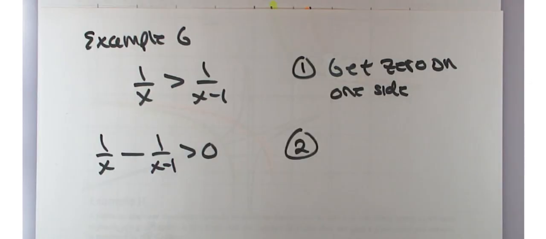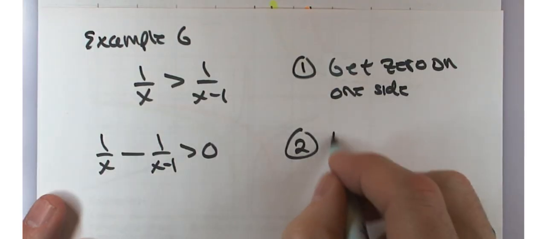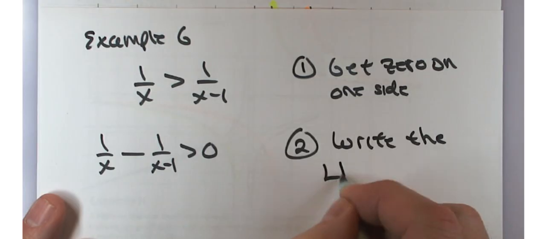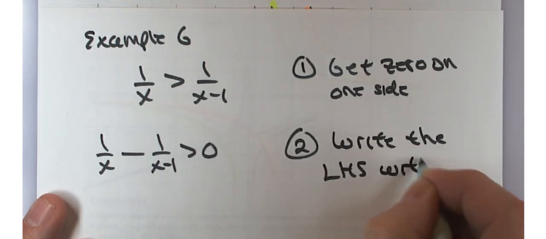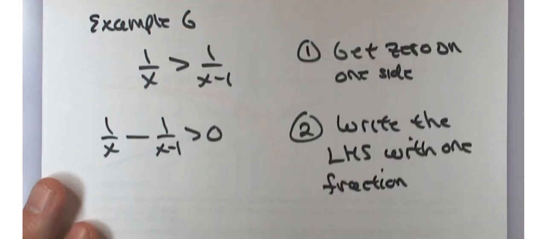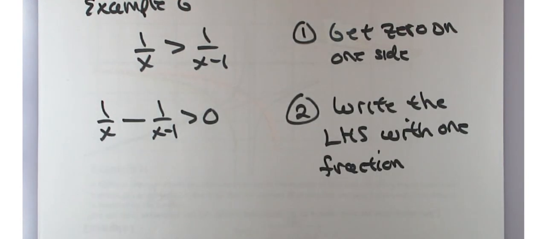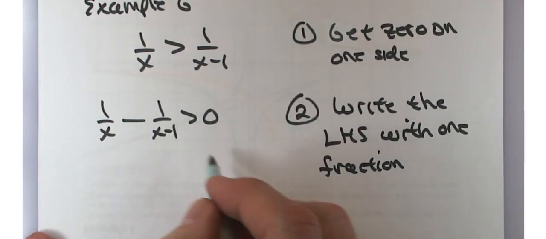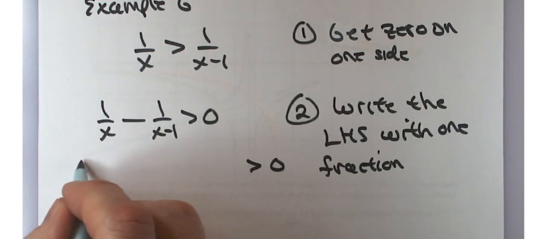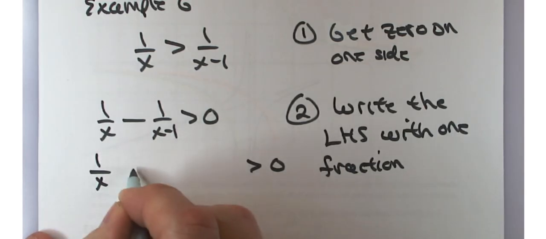You have to write the left-hand side with one rational expression. So write the left-hand side with one fraction. Okay, well that's kind of a bummer. In order to write this with one fraction, what am I going to need?